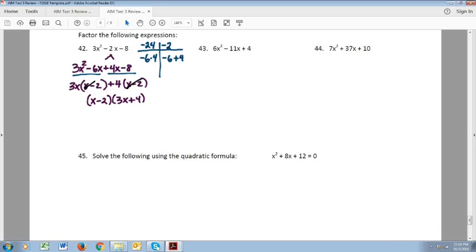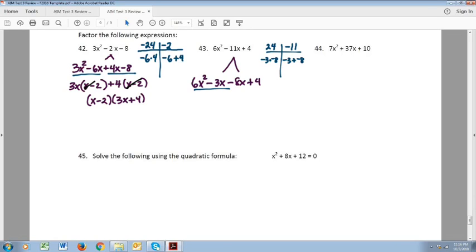and you should get what you started with. On number 43, we need 2 numbers that multiply to 24 and add to negative 11. So again, I'm going to split my b term. The numbers that work are negative 3 and negative 8. So let's split our b term, and we get 6x squared minus 3x minus 8x plus 4.